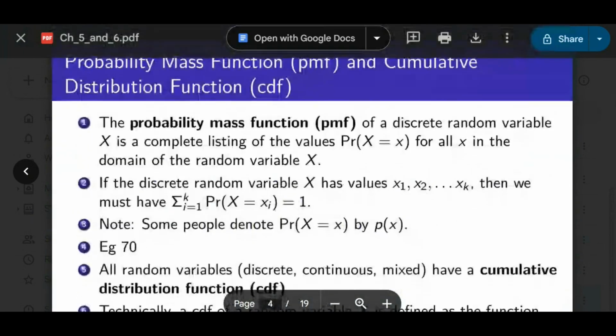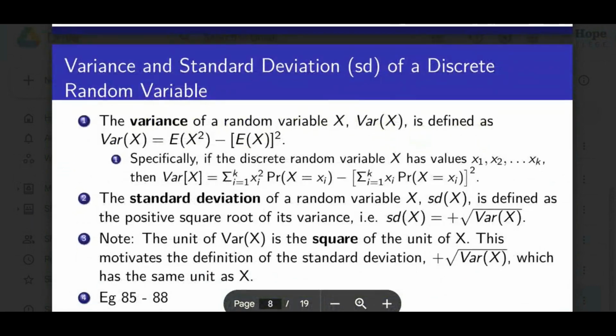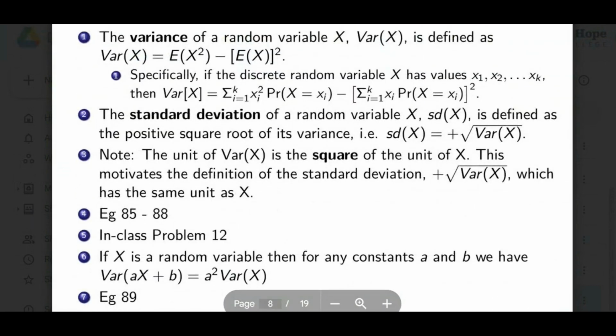Now, do I have anything to talk about here? Let me see. Yes. So we introduced the variance the last time. I'll just reiterate. The variance of a random variable is defined as the expected value of its square, subtract the square of the mean.